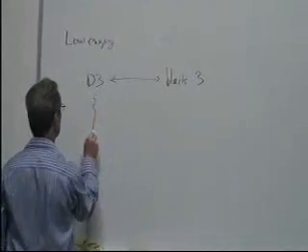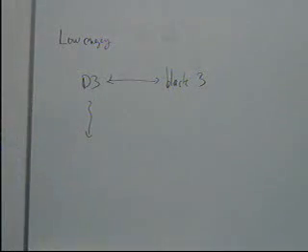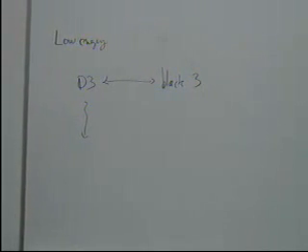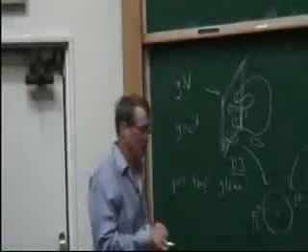Low energy, we don't excite any of the string states. All we have left are the massless open string states, which are the gauge field stuck to the branes and the collective coordinates for the motion of the branes.